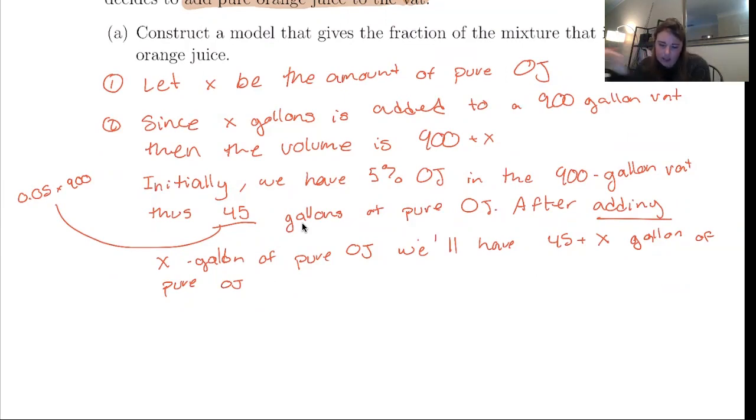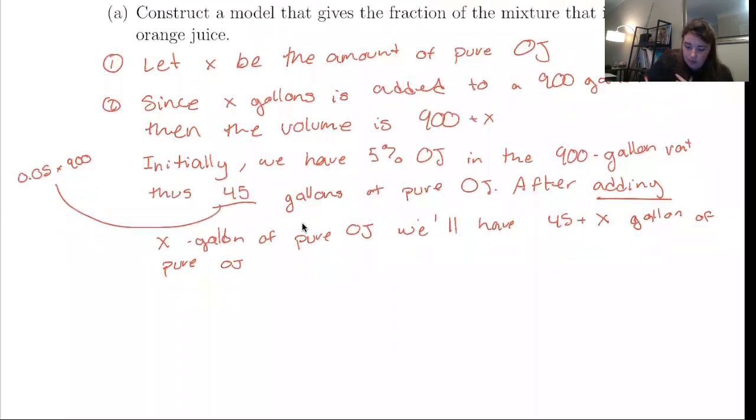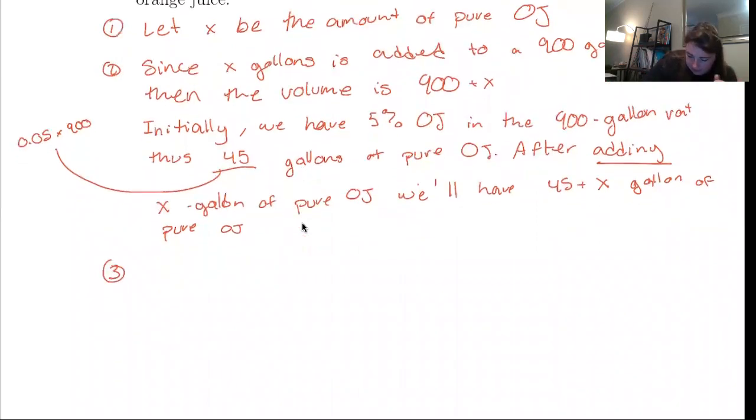So now I have 45 plus X, I have 900 plus X. I now need to come up with a model that gives a fraction of mixture that is pure orange juice. Remember concentration, you can also think of it as the fraction of the thing that is that other thing. So let's call it P for pure orange juice.